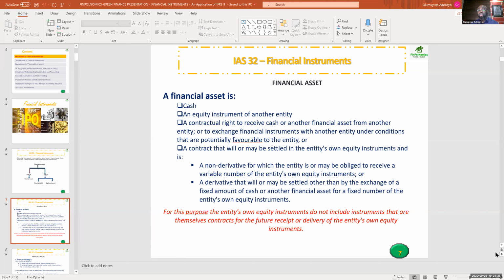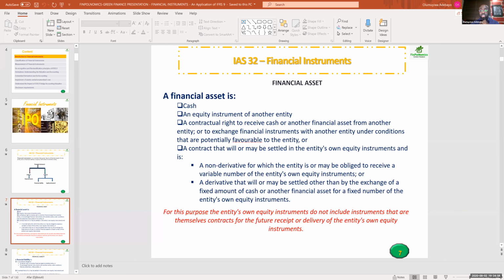Lastly, we can also consider a contract that will or may be settled in the company's own equity instruments. That is, the company's own shares will be delivered to the other party as a result of this contract.